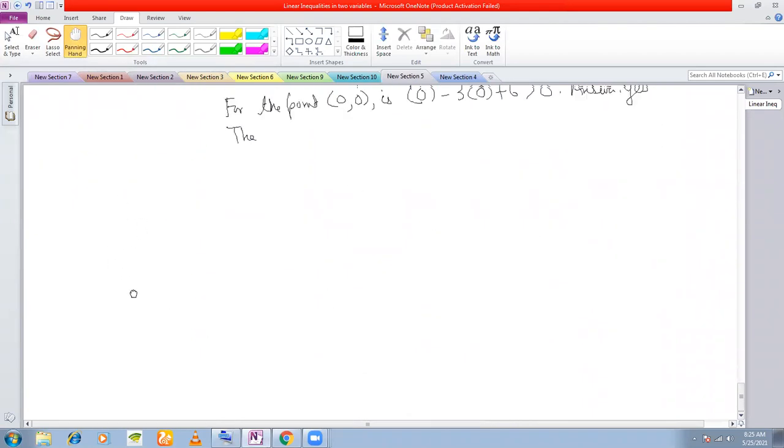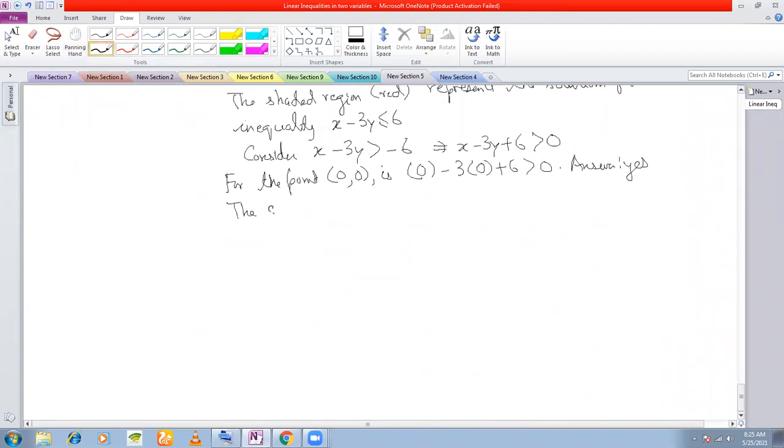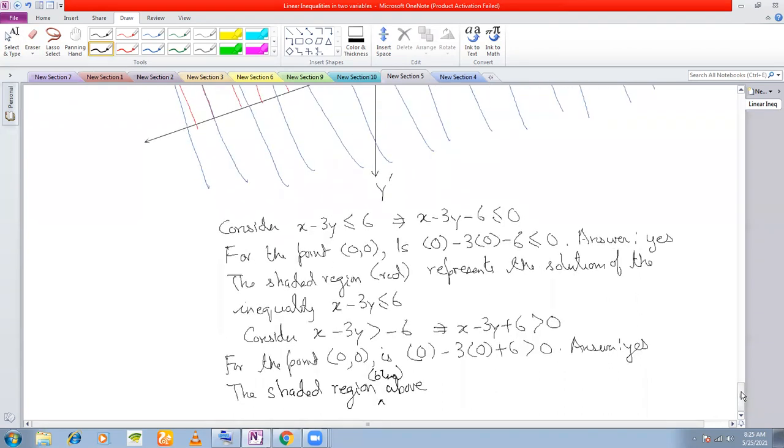We'll write the shaded region above, the shaded region in blue. Now see, here comes the main thing which I had also mentioned.